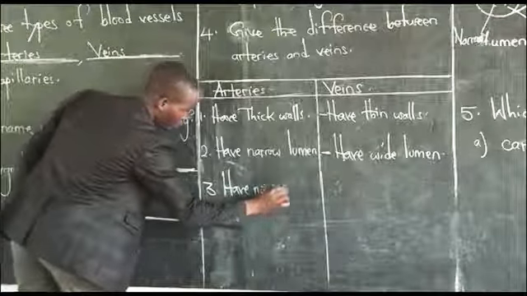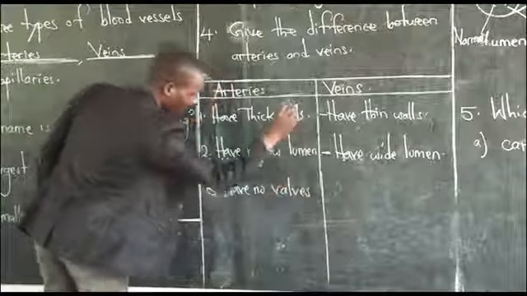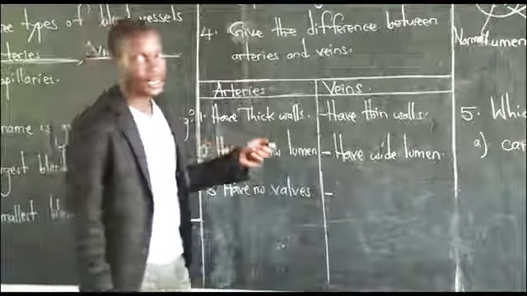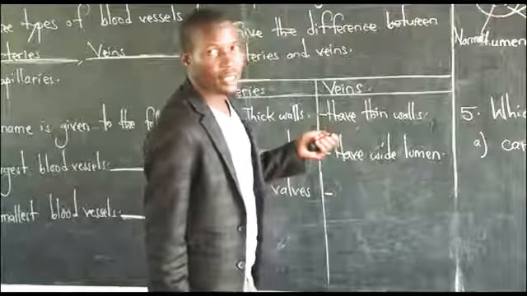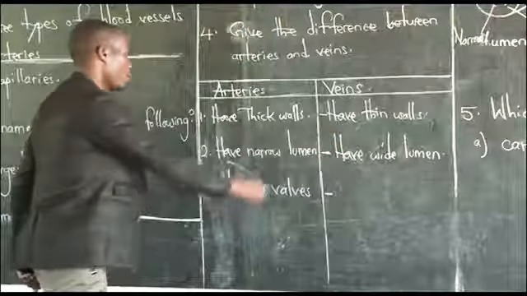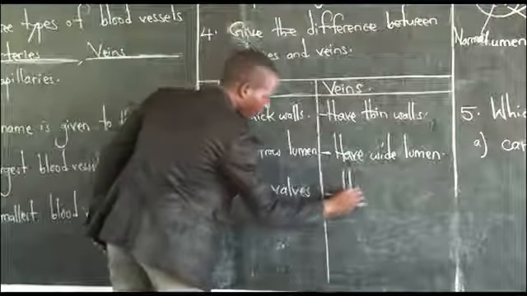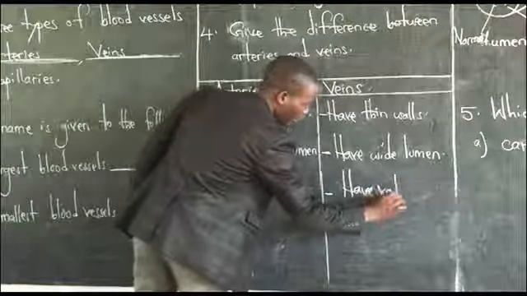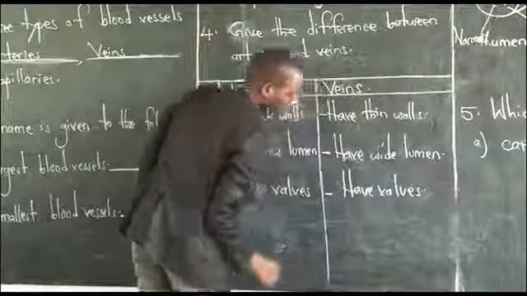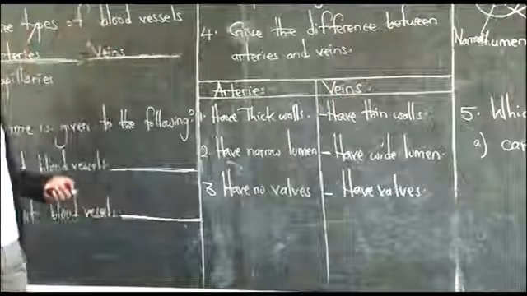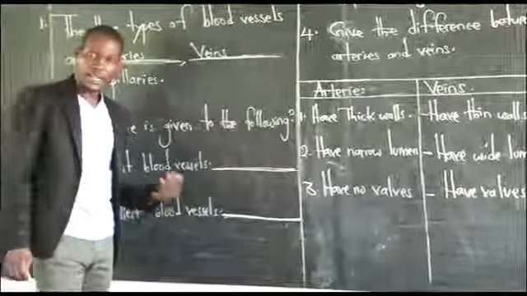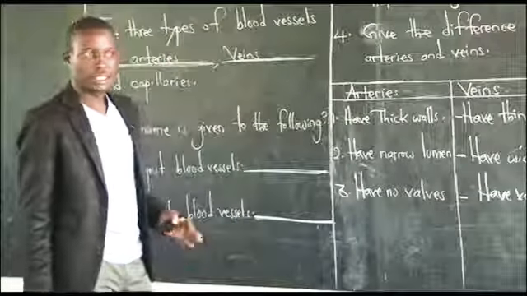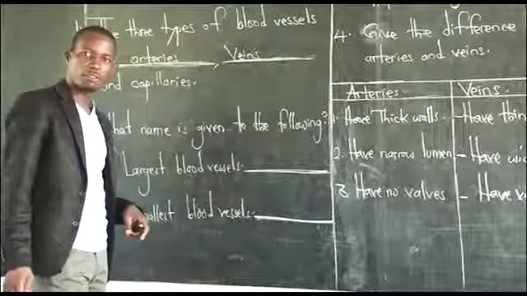Then on this side, when we check the veins, veins have valves. Valves are structures that prevent backflow of blood. So if you are asked what the major function of valves in blood circulation is, simply say they prevent backflow of blood.